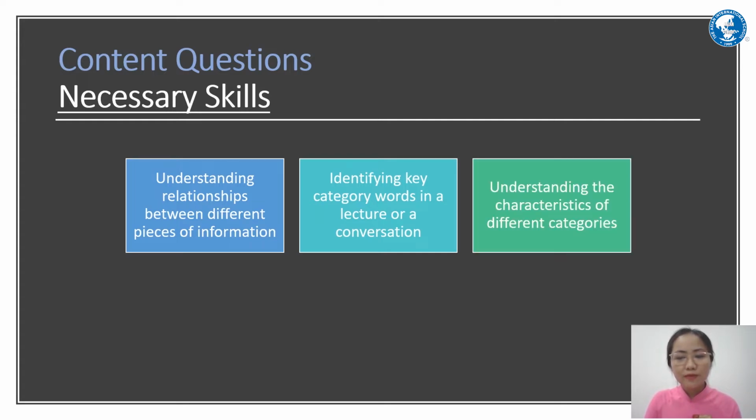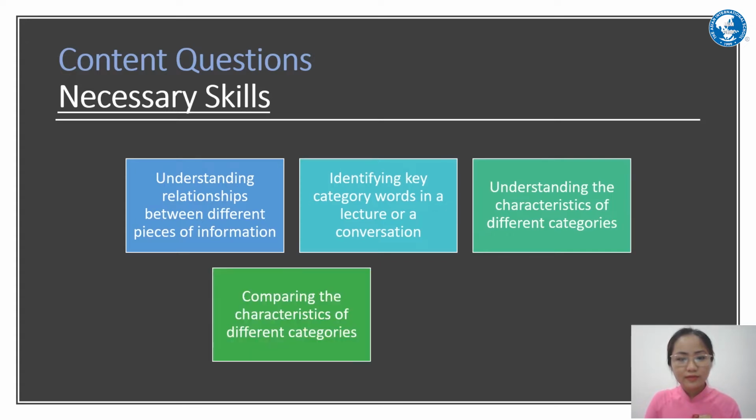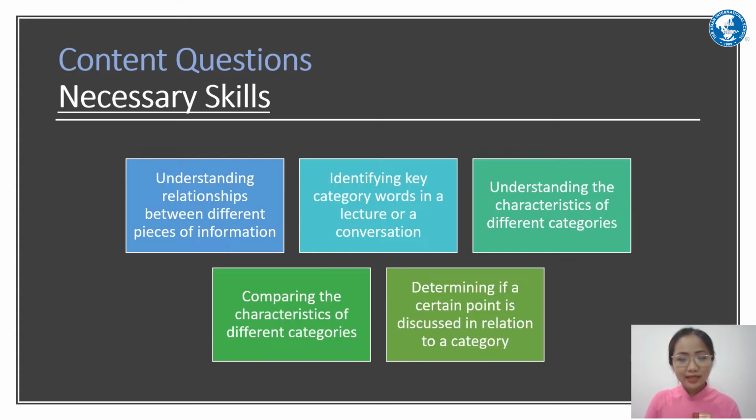You also need to have the ability to understand the characteristics of different categories. And you need to compare the characteristics of different categories. Last but not least, you need to determine if a certain point is discussed in relation to a category.